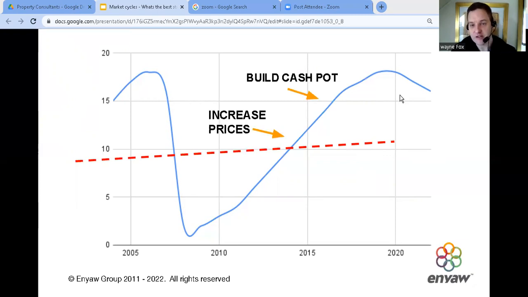During that upward stage in the cycle, you should either be selling the business or having massive growth, because it's at this time that your competitors are growing. So you need to grow, or else you end up losing staff and customers to these other firms. In theory, you should be able to increase your prices during this upward stage as well, because the higher you get in the cycle, the more scarce resources become.